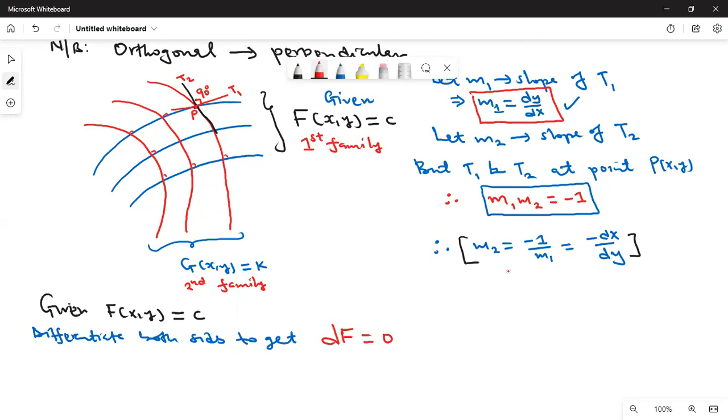Now df here means the total differential of f.